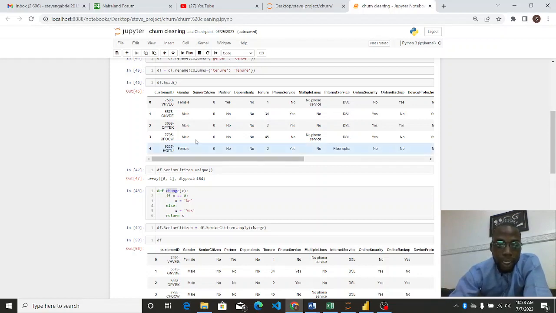So what I did basically was to tell the function that if x is equal to 0, x is equal to no, else x is equal to yes.